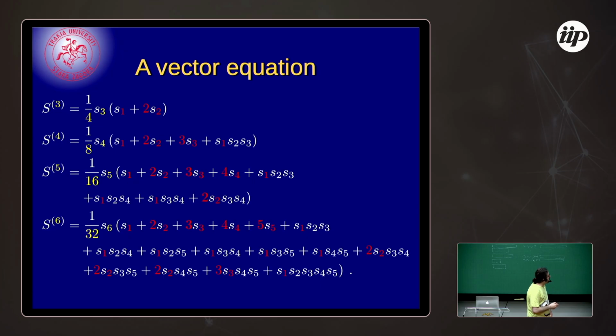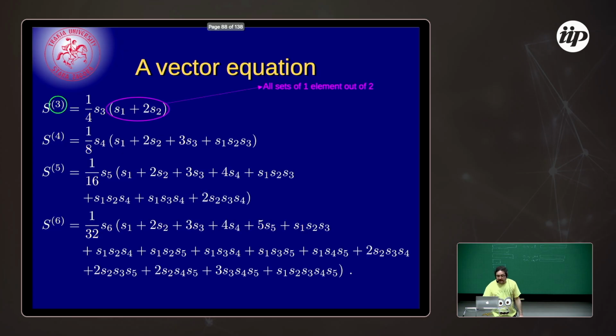When it's S3, it's 3. This is regardless of how many terms you have in that monomial. S1, S2, S3 starts with S1, so the factor in front is 1. S2, S4, S5 starts with S2, so the factor in front is 2. S3, S4, S5 starts with S3, so the factor in front is 3. S1, S2, S3, S4, S5 starts with S1, so the factor before it is 1. We have an indication of something happening there.